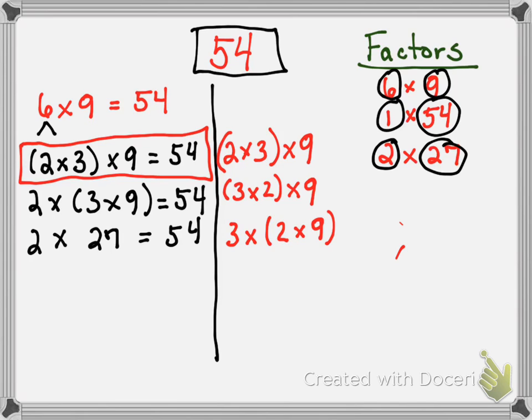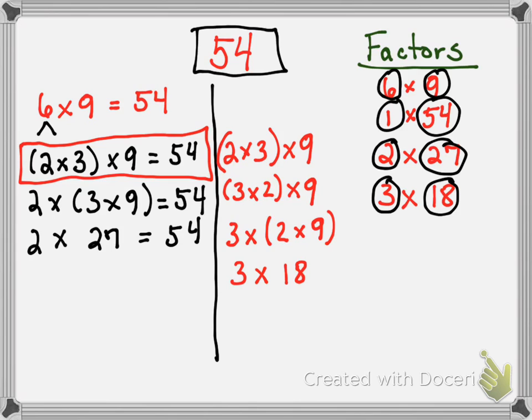And now we are going to get 3 times 18. And would you look at that? We just found 2 more factors, 3 times 18. So 3 and 18 are factors of 54.